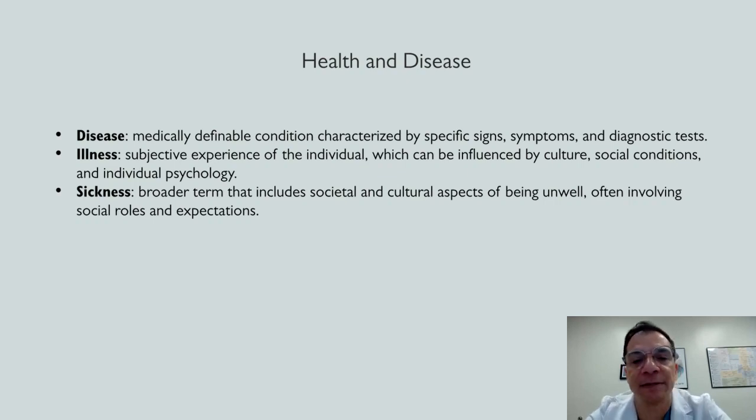Now, sickness is different. Sickness has more social implications. Sickness is a socially constructed term that includes the societal, cultural aspects of being unwell, okay, and involves different social roles, expectations.